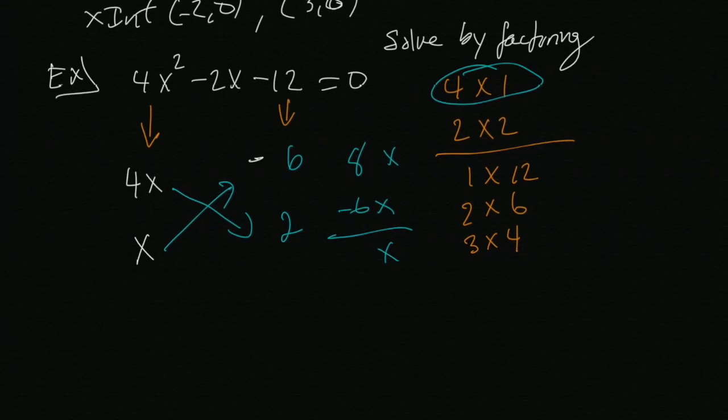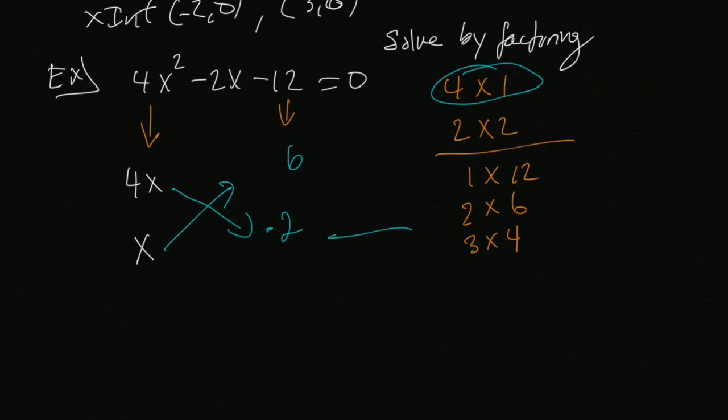You add those together and you get 2x. And that's almost right, except that our sign is off. And so what we will have to do is switch the signs. So I'm going to put the negative down here and try again.